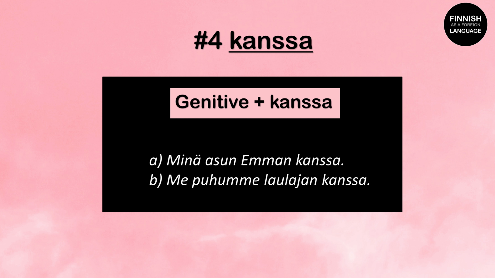Me puhumme laulajan kanssa means we talk with the singer. So me puhumme is the first person plural of the verb puhua, which means to speak. Laulajan is the genitive of the word laulaja, which means singer. And it's standing here in the genitive case because it's followed by the word kanssa. So let's repeat. Me puhumme laulajan kanssa. We talk with the singer.